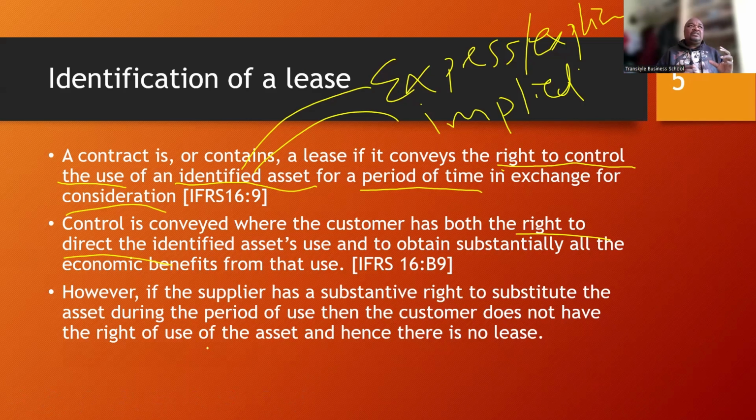Although in the contract, there will be certain clauses that you need to keep my building intact, you must not disrupt business around the locality or break the laws, something like that. Those are the common contract terms which are not expected to disturb your enjoyment. But the manner in which you have to close the shop, where you need to operate your business and this and that, all those ones will be some infringement to the right to direct the identified asset's use.